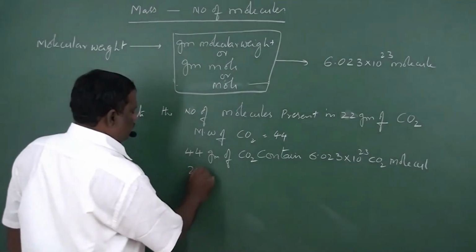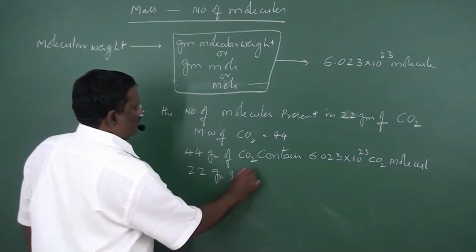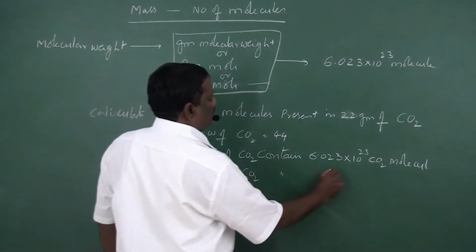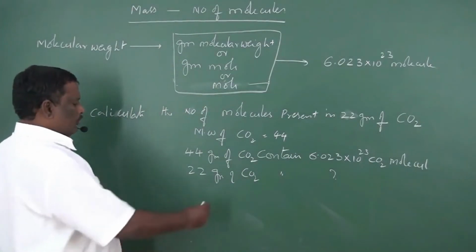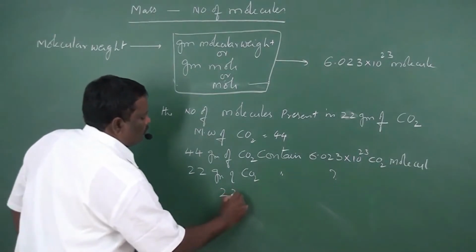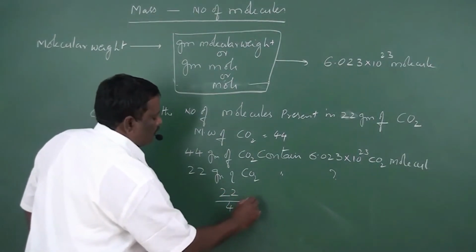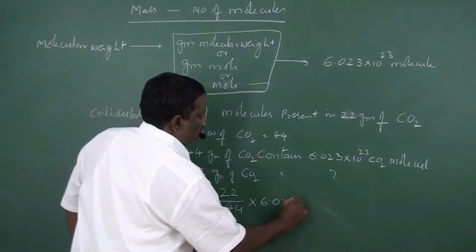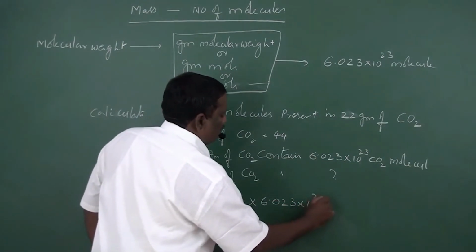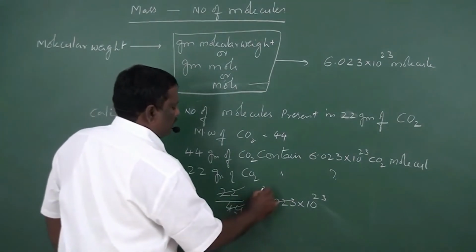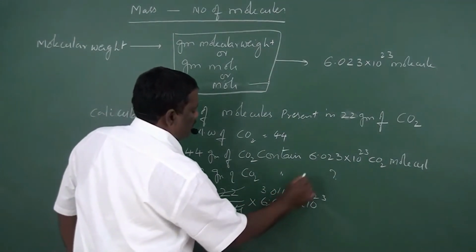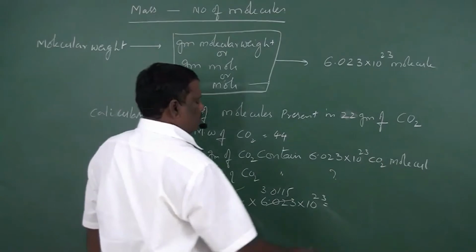Then 22 grams of CO2 contains how many molecules? Automatically less. So 22 by 44 into 6.023 into 10 to the power 23, 22 is 2 times, and it will be 3.0115 into 10 to the power 23.